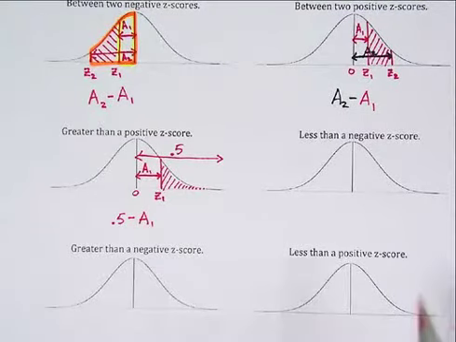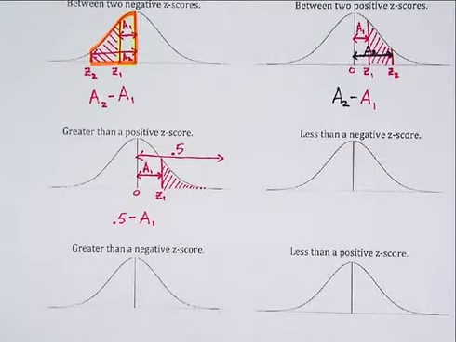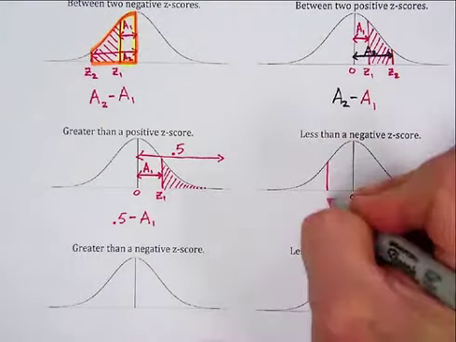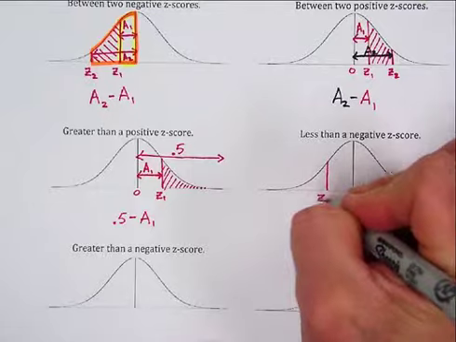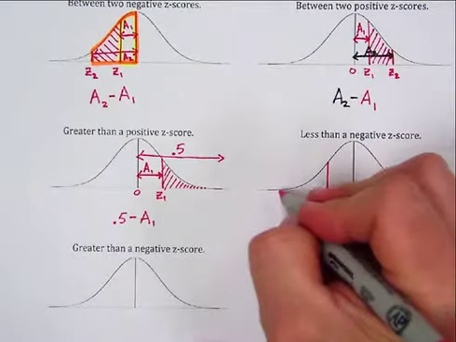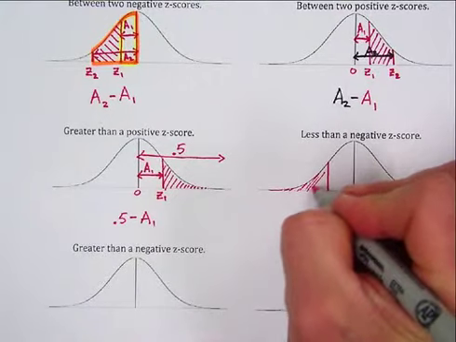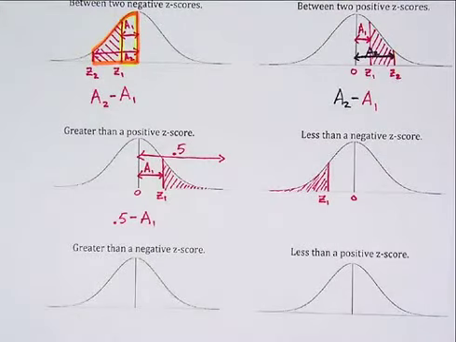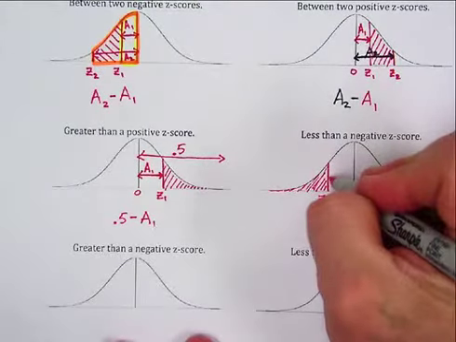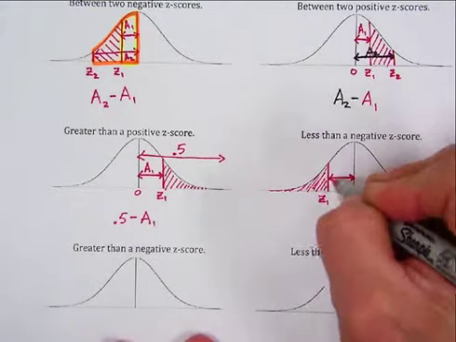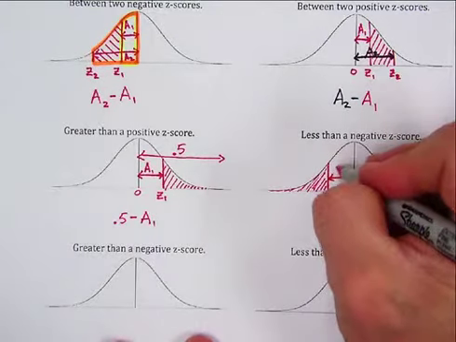Now in a similar example, if we want less than a negative z-score, here's our 0, here's our negative z-score. And if we want less than, now we're talking this tail right out here. So again, we want to find our area for our z-score, but that gives me between 0 and our z-score.